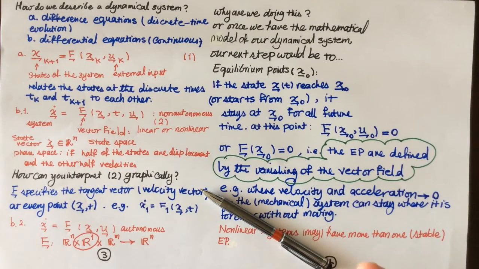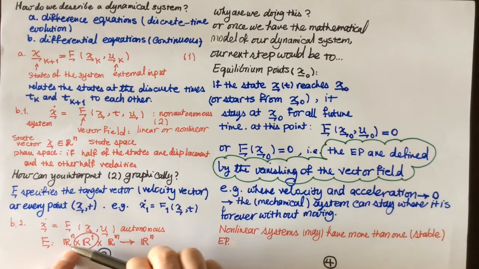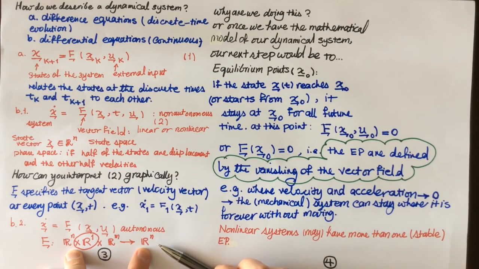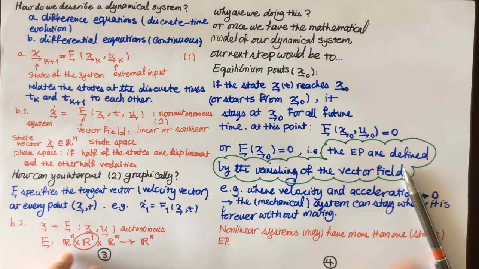Now, as you would expect, the dimension of x should be the same as the dimension of x dot, right? And this is for when we do not have an extra equation, for example, explicitly for our output. We will go back to those kinds of equations later.